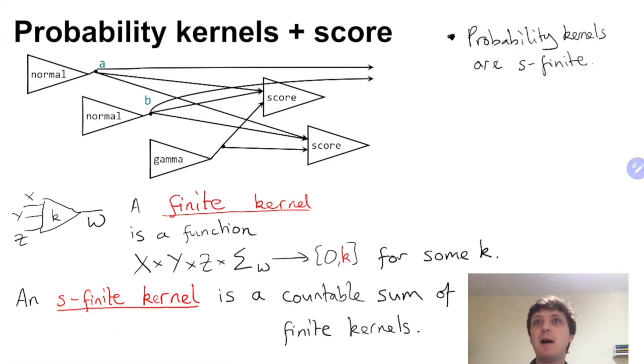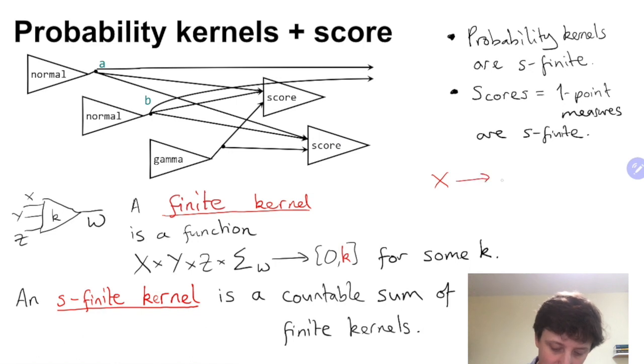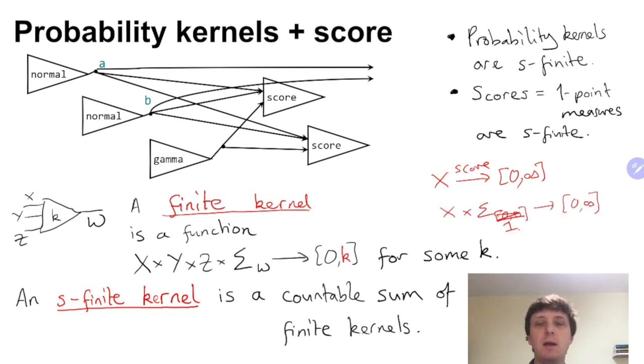Let me tell you some facts about S-finite kernels. Probability kernels are S-finite. Scores are sort of 1-point measures. So to give a score, you've got some parameters x, and you give back a score, usually between 0 and infinity, for each parameter.